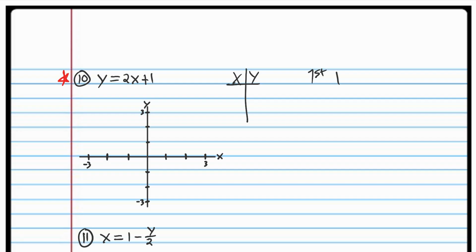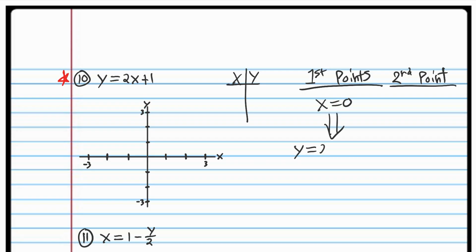So again, we're going to choose 2 points. So for the first point, I'll choose x equals 0. That's always a good choice, or usually a good choice. So if x equals 0, we plug that in there. And we have to evaluate this algebraic expression. So we have to do order of operations. We have parentheses, which means multiplication.